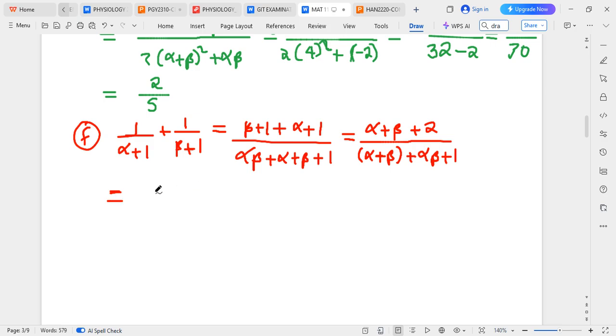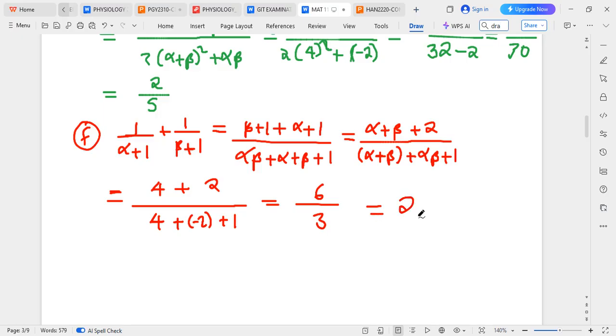Where there's alpha plus beta on top, I'll put a 4, but remember there's a plus 2 there. In the denominator where there's alpha plus beta, I'll also put a 4. Where there's alpha beta, I'll put a negative 2, and then plus 1. So this is going to be 6 over 4 minus 2 is a 2 plus 1 is a 3, which gives us a 2. So that is the answer.